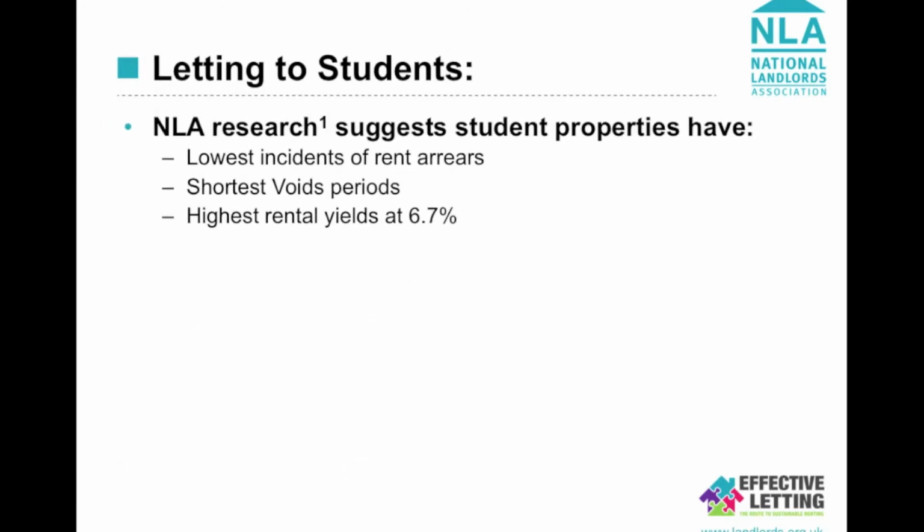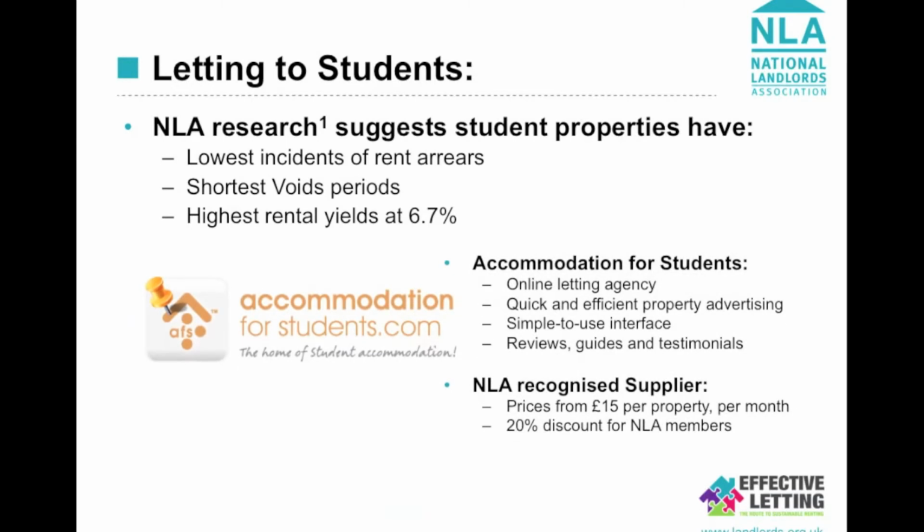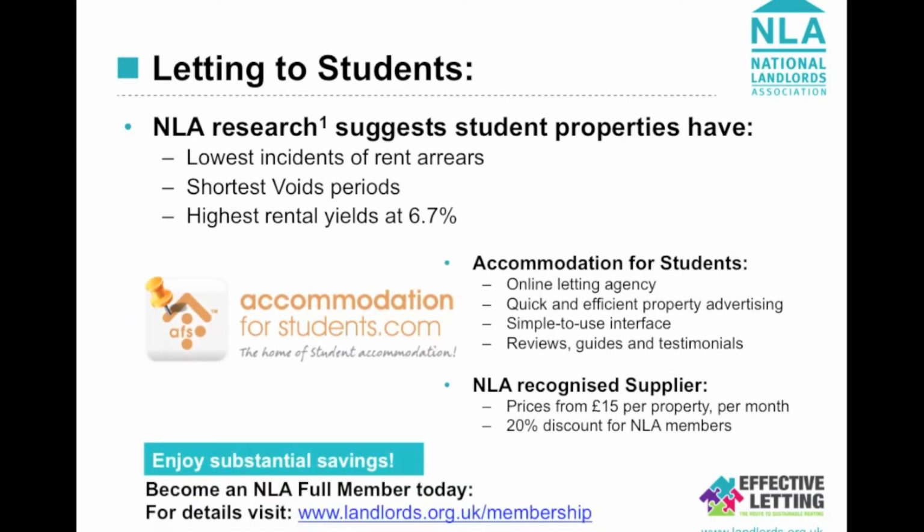If you let to the student market, or perhaps you're considering this market, it's worth noting the results of our research. The NLA's latest landlord panel suggests that students are some of the most reliable tenants. According to the research, students are the least likely type of tenant to miss a rental payment. Only 38% of landlords who let to students have experienced arrears in the last 12 months.